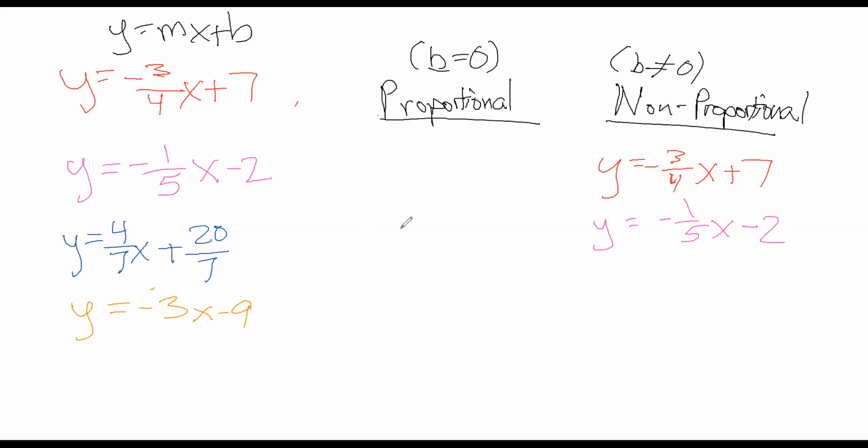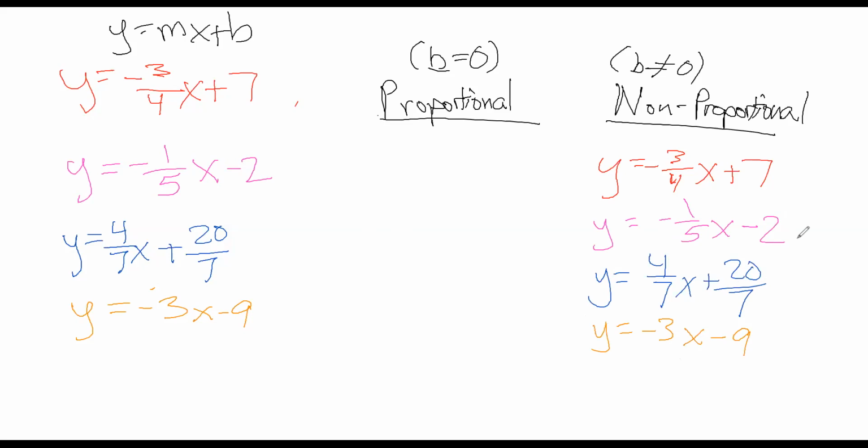Same goes with y equals 4/7 x plus 20/7 with the y-intercept of 20/7. And then same applies with y equals negative 3x minus 9 because the y-intercept is negative 9.